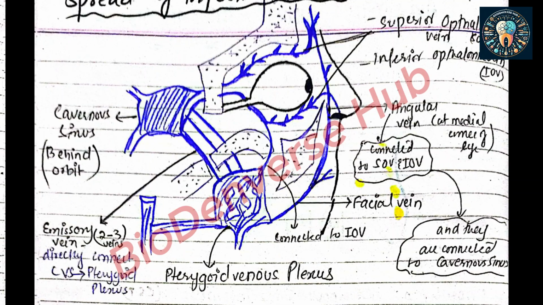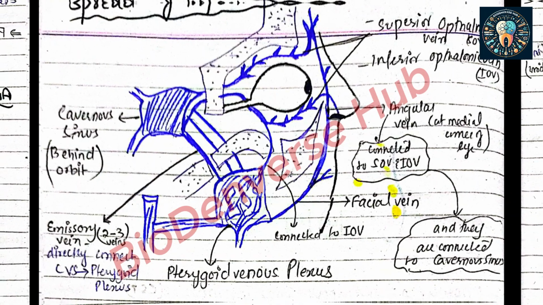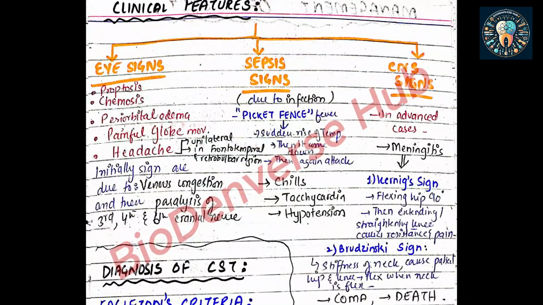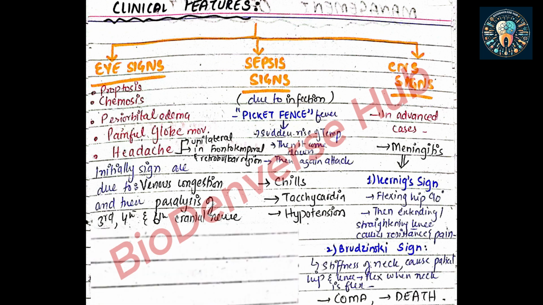So let us now discuss some clinical features. Clinical features will basically involve the eye signs, the septic signs, and the CNS signs. These signs appear due to the involvement of the structures and the contents we studied at the start of the video.